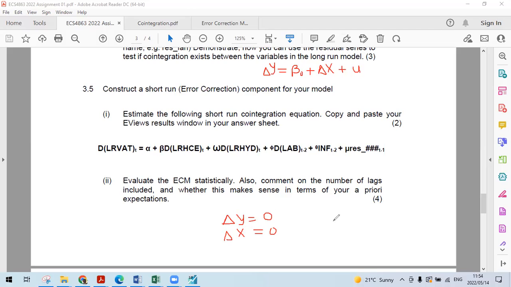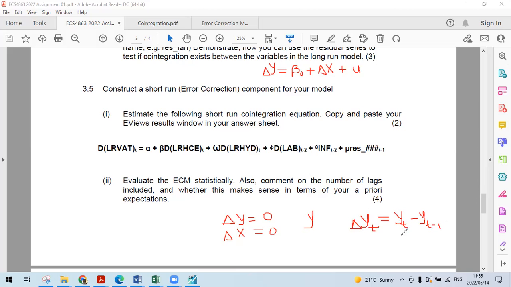So that's why, if you're doing a long run equation, you are doing it in levels, not in differences. Remember, to say change in Y_t means what? It means the difference between Y_t, meaning Y of the current period, minus Y of the previous period, right?